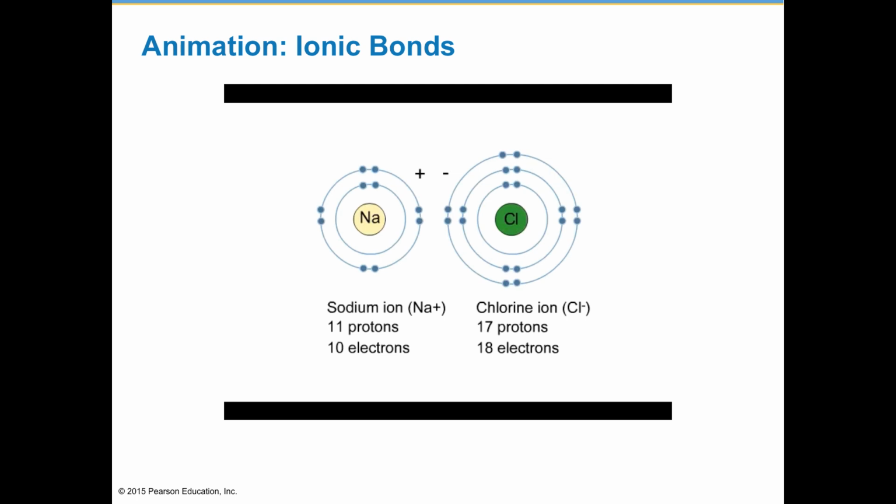Such a charged atom or molecule is called an ion, in this case, a negative ion. The sodium atom has lost an electron, leaving it with an extra proton, which has a positive charge. The sodium atom has become a positive ion. Ions with opposite charges are attracted to each other, forming an ionic bond. These ions combine to form a compound with new properties. In this case, sodium chloride, ordinary table salt, is formed.